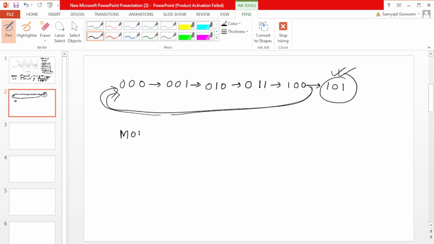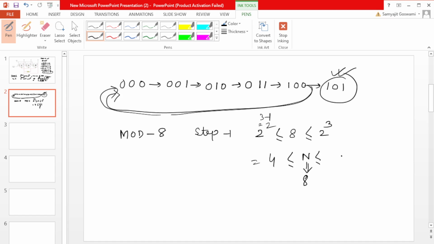If you choose mod 8, in that case how many flip-flops do you have to use? With n flip-flops, we count up to 2 to the power n. If I take 3 here, then 3 minus 1 equals 2, that means 2 to the power 2 less than n less than or equal to 2 to the power 3, which is 8.